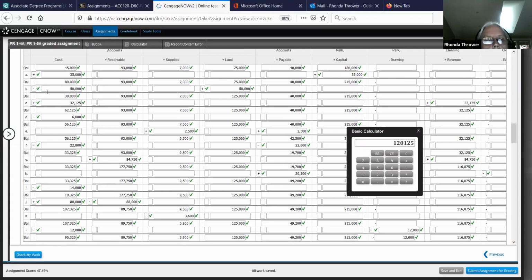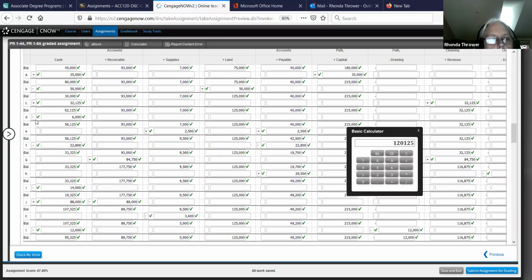And the only thing that I'm going to record is if I've paid out cash for an expense or to a creditor. Notice in this B transaction, I paid for land. That's not an expense. I bought an asset. It's not paid to a creditor. I bought that land for cash. My cash of 50,000 would not go in cash paid for expenses and for creditors.